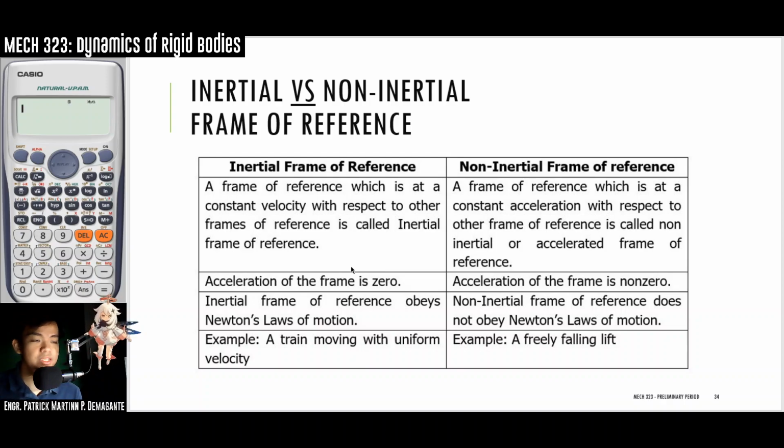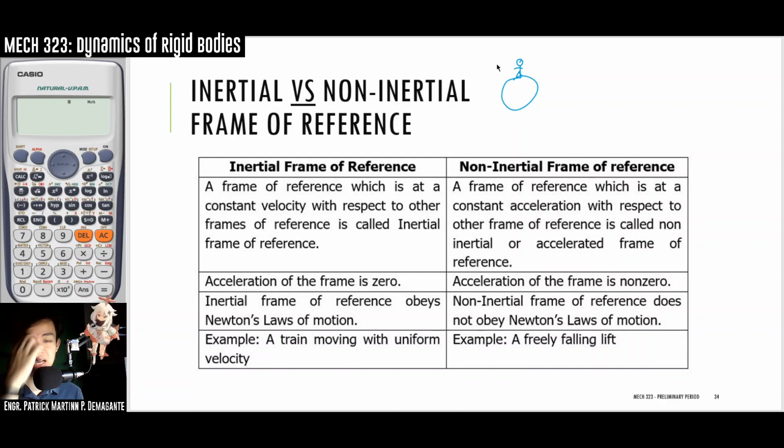Ang good example niyan is yung tayo sa Earth. Nasa Earth tayo. So, paano ko nasabi na inertial frame of reference si Earth? Kasi, at our standpoint, kaupo ka dyan, nanonood ka ng video ngayon, stationary ka.